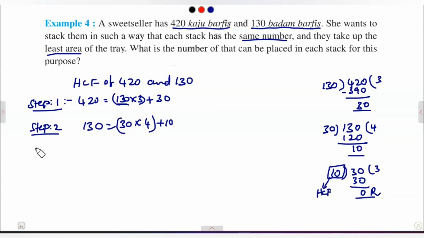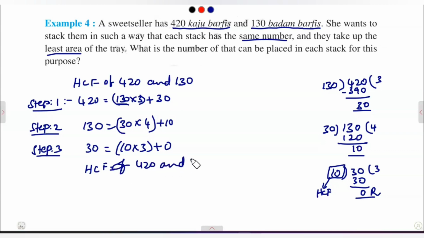So step 3 is 30 equals 10 times 3 plus 0. Now the HCF is 10. I'll write: HCF of 420 and 130 is equal to 10.